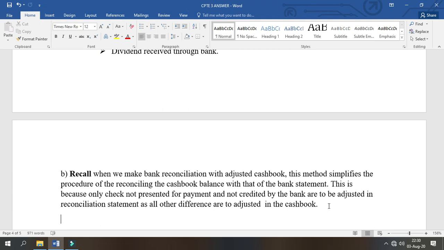This method simplifies the procedure for reconciling the cash book balance with that of the bank statement. This is because all of the cheques not presented for payment and presented cheques, and not credited and credited cheques by the bank are to be adjusted in the reconciliation statement, as all other differences are adjusted in the cash book.